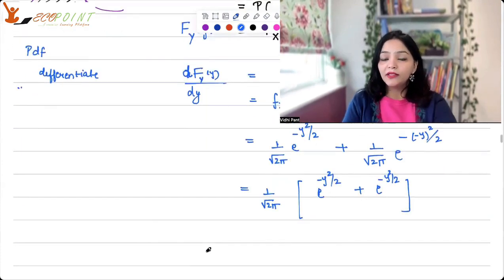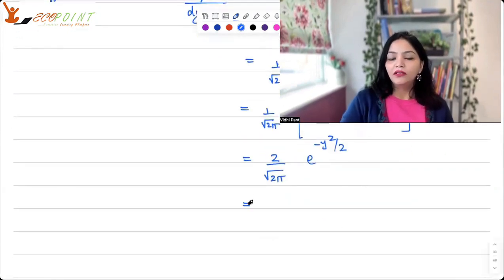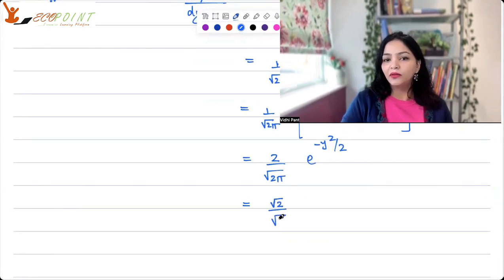So that means you have twice of the same expression. So 2 upon root 2 pi e to the power minus y square by 2. ये root 2 से cancel होगा. You will get root 2 in the numerator, root pi in the denominator, e to the power minus y square by 2. That is root of 2 upon pi e to the power minus y square by 2.